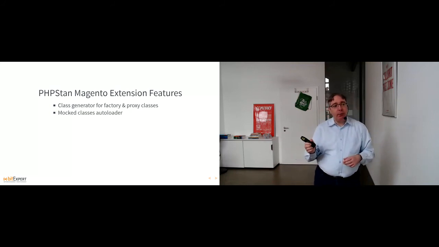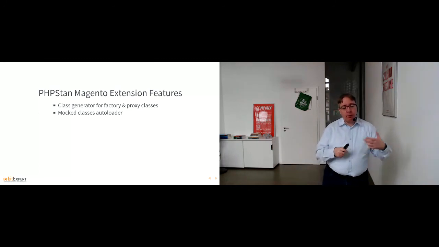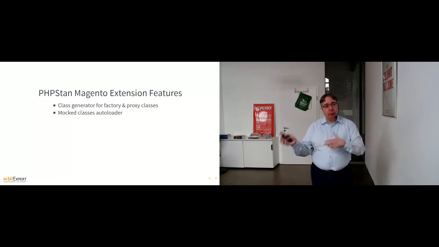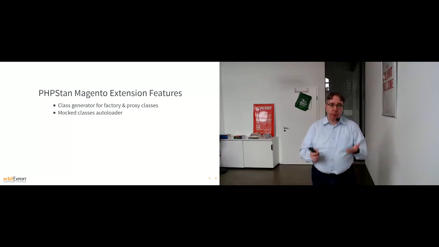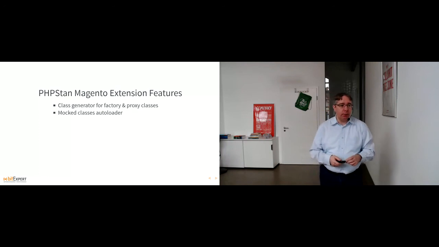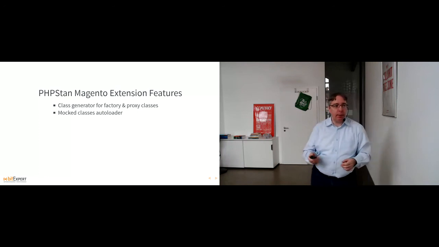We have an autoloader that will load custom Magento classes. So in case the doc block comment is completely wrong or missing, I just copy that into a separate folder and we load the classes from there instead of the Magento implementation. Just to add a little bit of extra sugar.